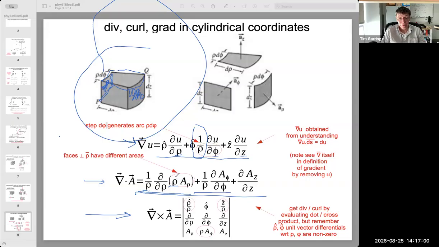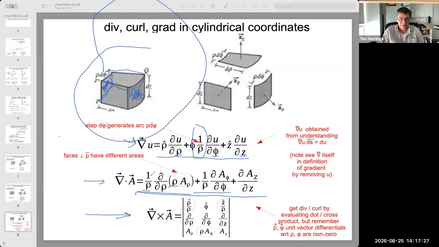One way of remembering that there's a rho upstairs and a rho downstairs is, again, to get the units right. If you look over here, you've just got a partial differential of the z component of the field with respect to z. You can use that as a reference for your units. If you stick a rho up here, you've got to stick a rho down here to keep the units corresponding to this dAz by dz.